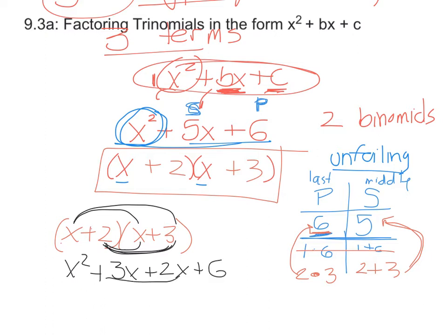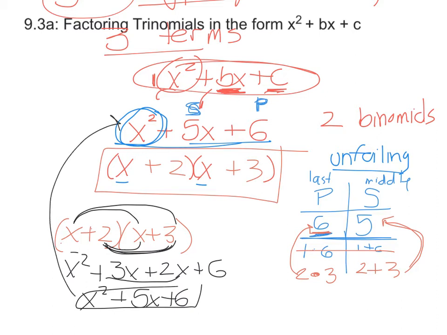We add the middle two terms together, get x squared plus 5x plus 6. That's what we started with, and that's what I just checked to see we did right. This is our answer. So when it says to factor it, your answer will have two binomials and parentheses around each one. Okay, we're going to do a lot.